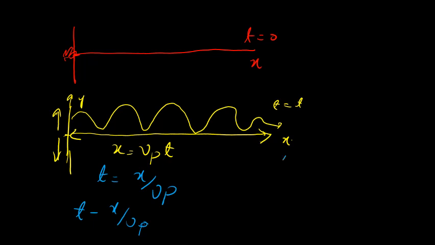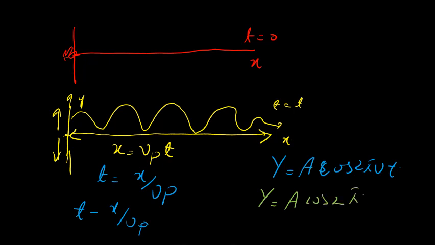As we have calculated, the formula for the wave of a single particle is y equals a cos of 2 pi mu t. Now putting in the value of the time, the formula can be modified to y equals a cos of 2 pi mu into t minus x over vp.